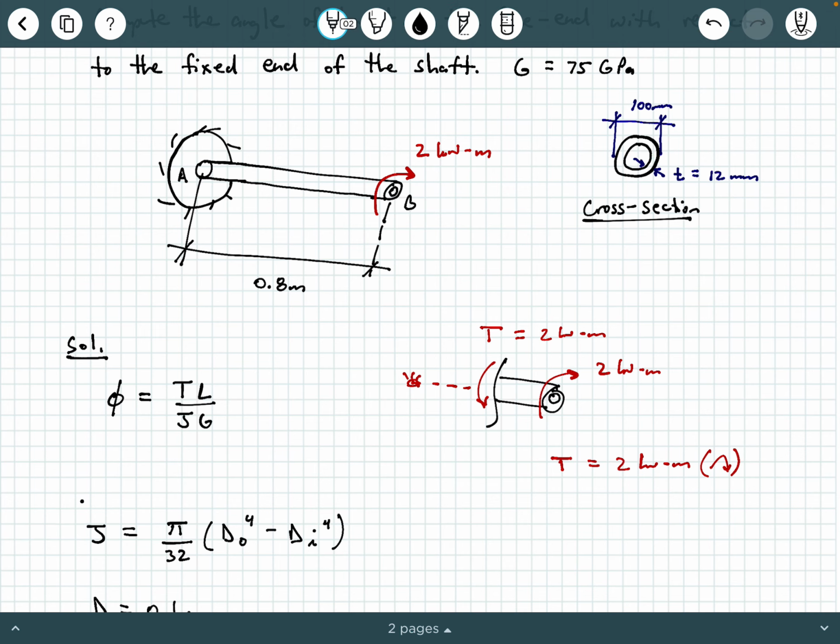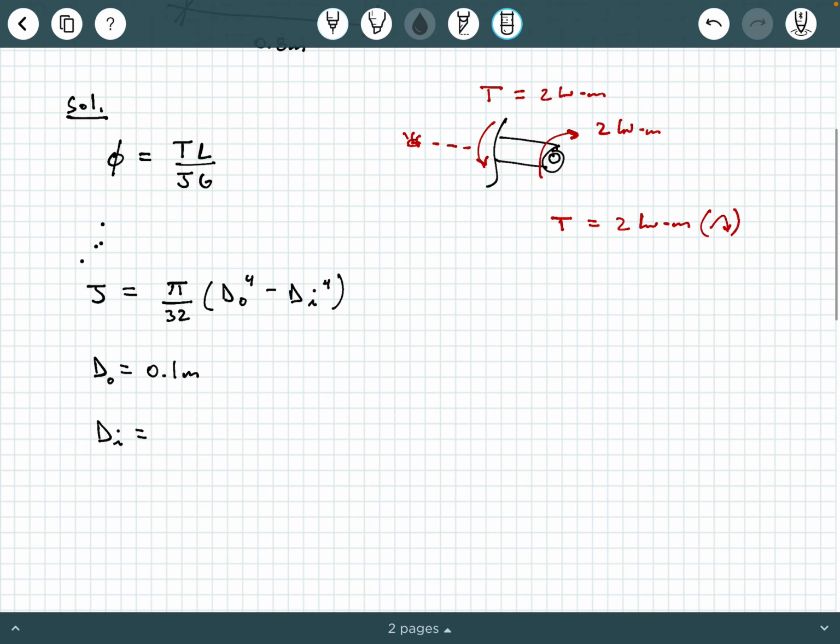Let me clean this up a little bit. Inner diameter is outer diameter minus 2 times the thickness. So 100 millimeters minus 2 times 12 millimeters gives 76 millimeters, which is 0.076 meters to use base units.